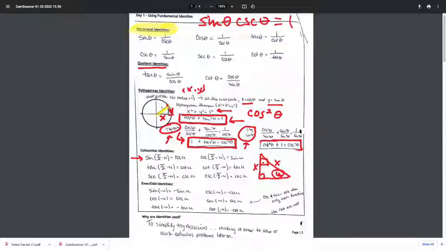Okay, then we talked about even and odd identities. A while back, a long time ago, we talked about how if you have an even function, it looks something like this. Like this is the graph of y equals x squared. It's an even function because it's symmetric with the y-axis.